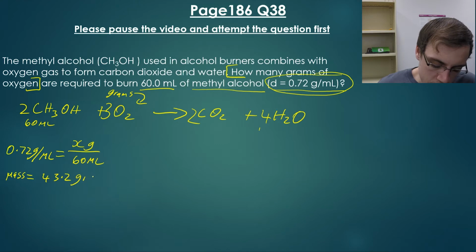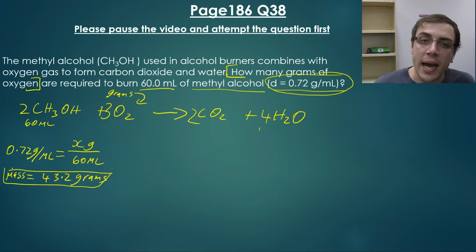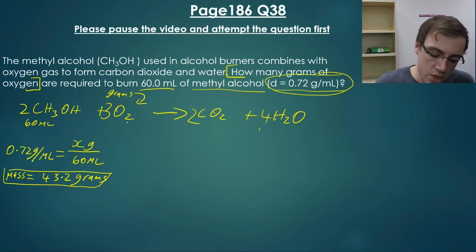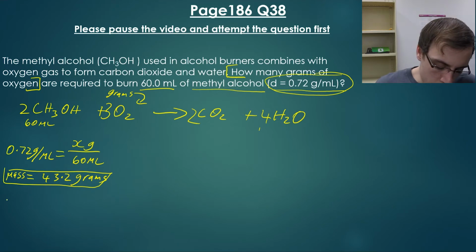43.2 grams. So now that we have our mass, we can now push through and convert our mass into moles so we can compare it to use with oxygen over here. So we go moles is equal to mass over molar mass.